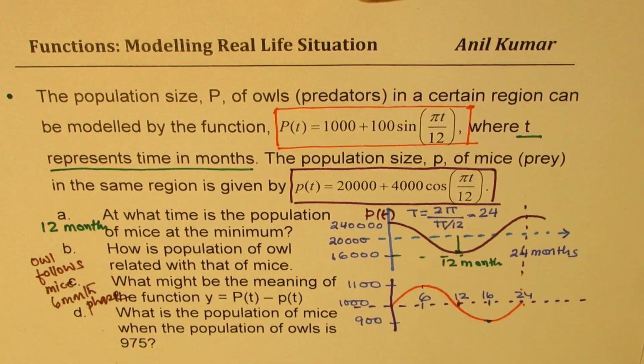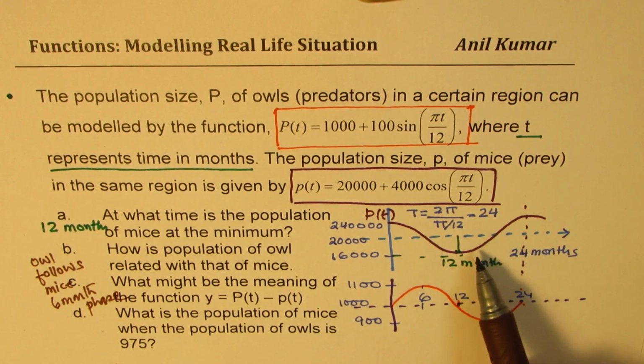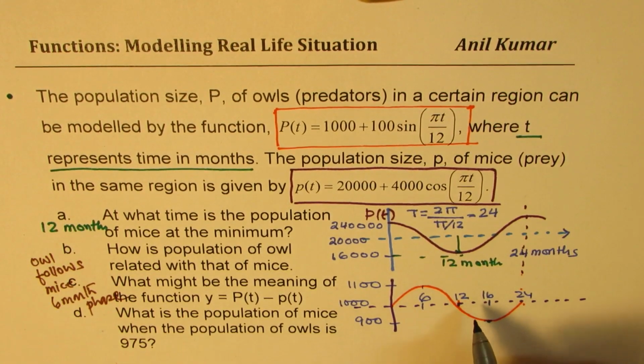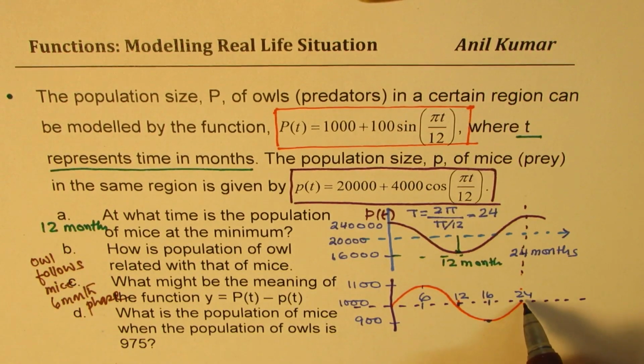Perfect. However, once the owl population becomes minimum, then the mice reproduce faster and they increase. So the duration when the owl population is decreasing, you find that the mice population increases and then the owl population follows.